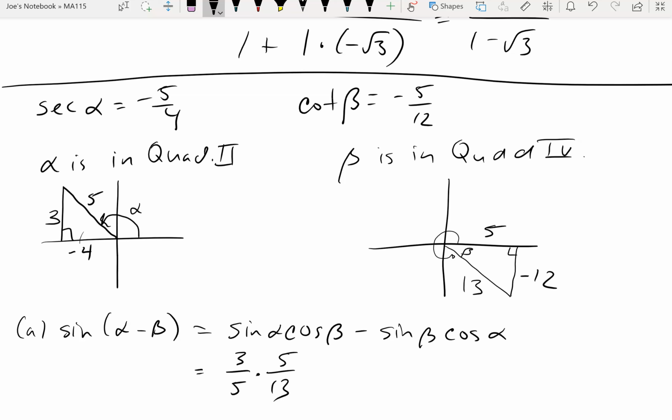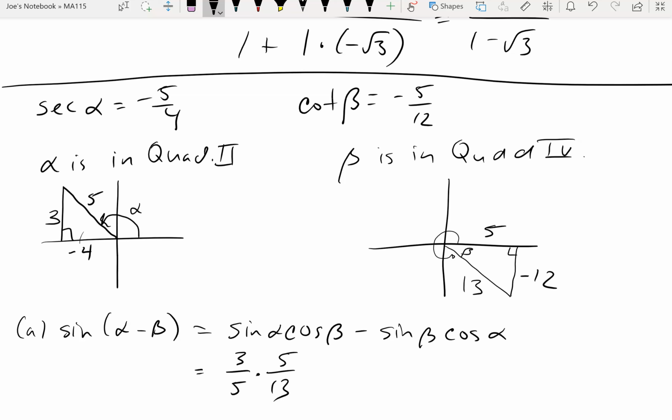Because I'm just reading those numbers off the triangle, right? Here's my triangle that involves alpha. I need the opposite and the hypotenuse. That's where the 3 and the 5 come from. I'm reading my cosine of beta from the triangle. I need my adjacent and my hypotenuse. That's where the 5 and the 13 are coming from.